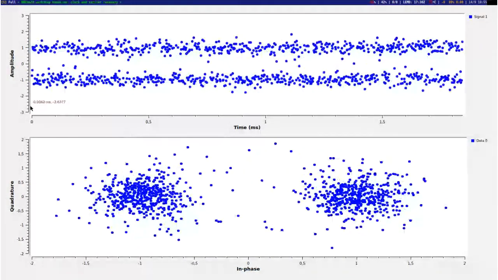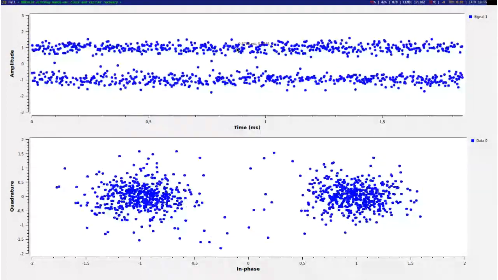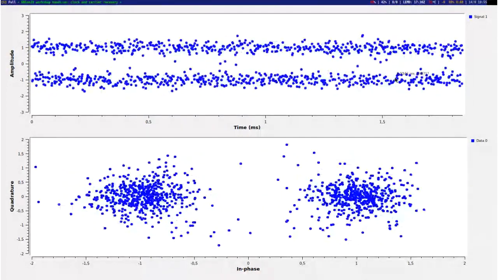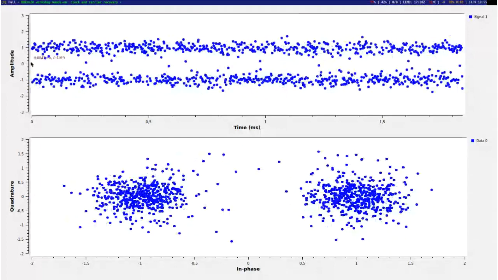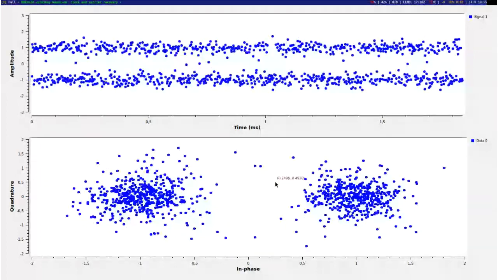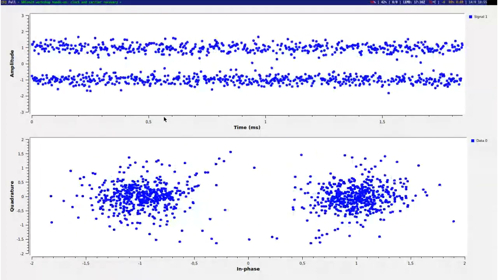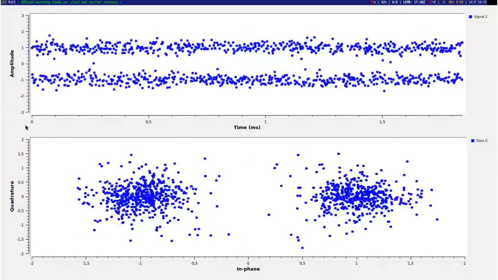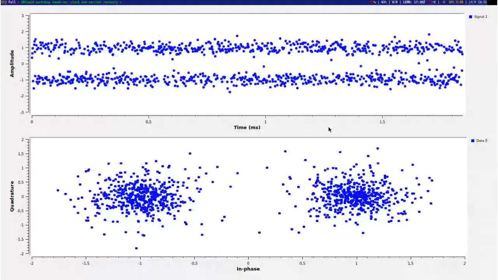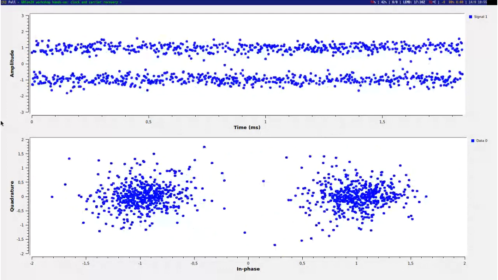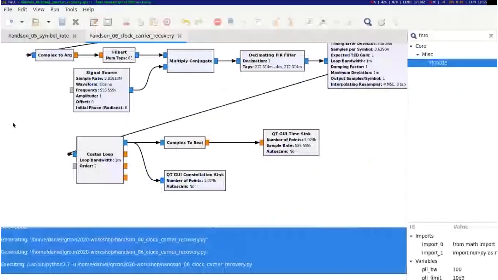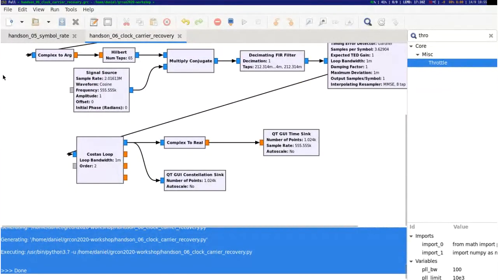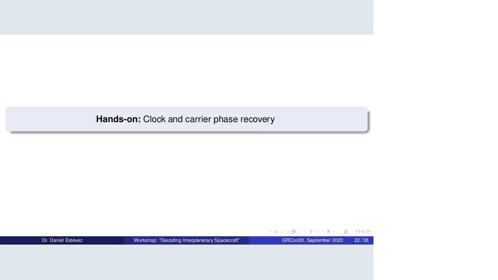And then we have in time the symbols, +1s and -1s, and we see that there is a nice separation between +1 and -1, the same as in here. This means there are very few bit errors. So this is good. This is because this signal was quite strong. And now let's come back to the slides.